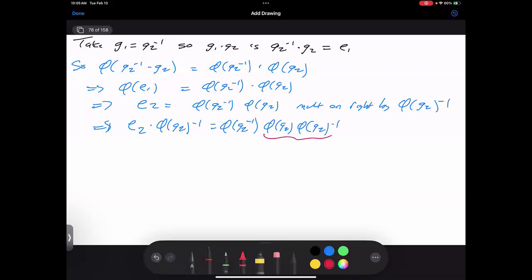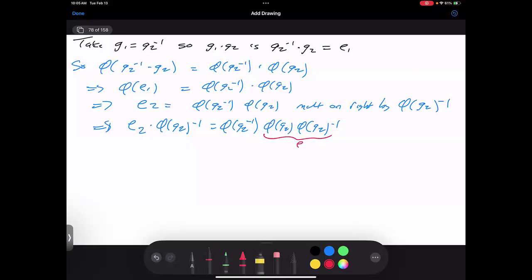I'm getting bored. And if I'm getting bored, now again, I did this, of course, earlier today, so I have a justification for being bored. I think you're getting bored as well in terms of just how many steps we're doing. We don't want to write again on the right-hand side that phi of G2 times phi of G2 inverse is E2, and then when we multiply that by phi of G2 inverse, that's phi of G2 inverse. Let's just do it all in one step at this point.